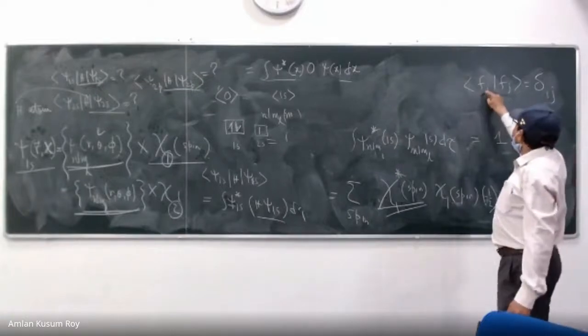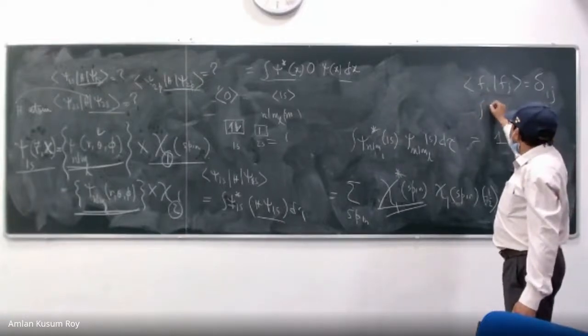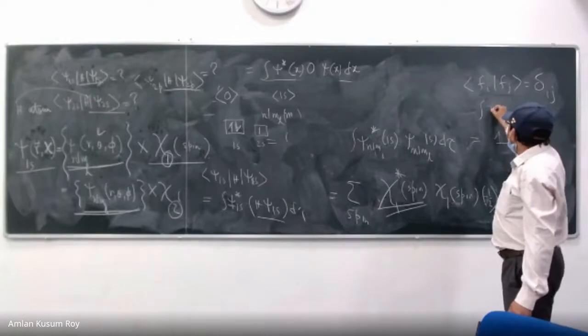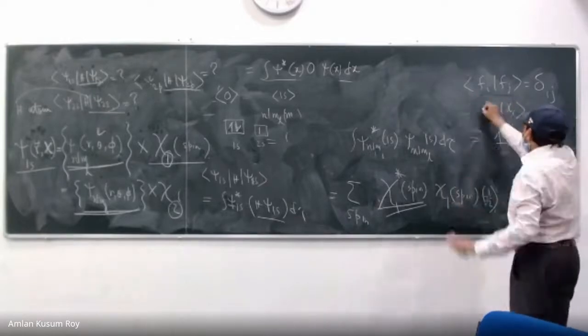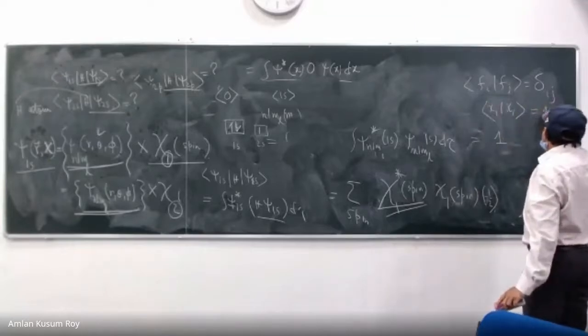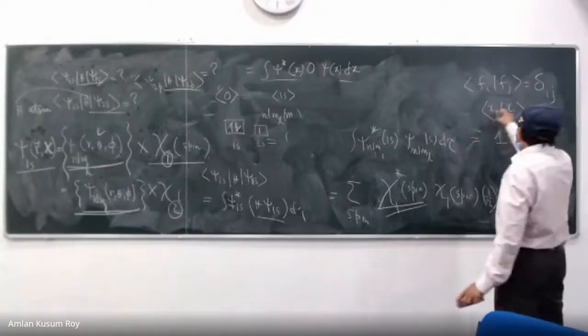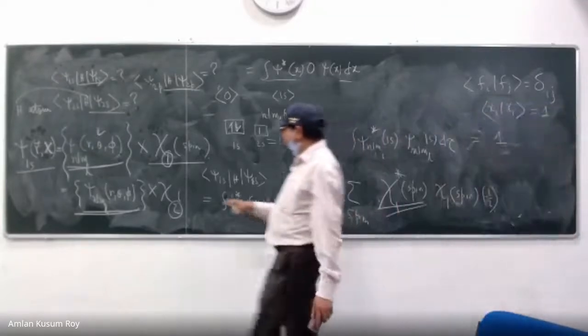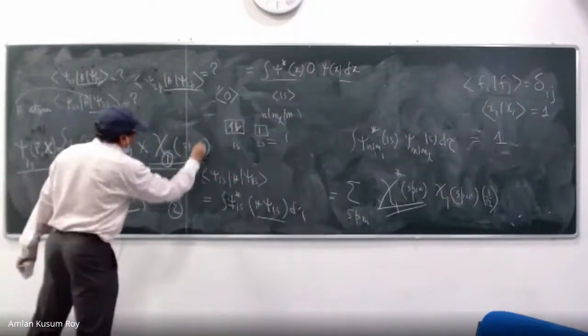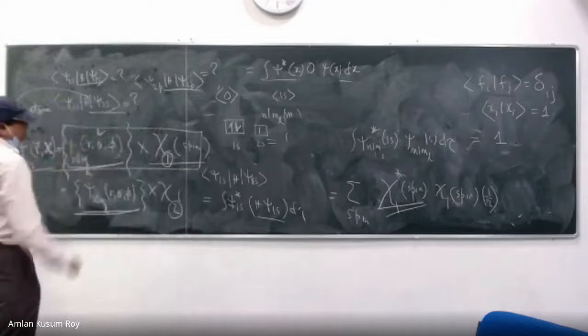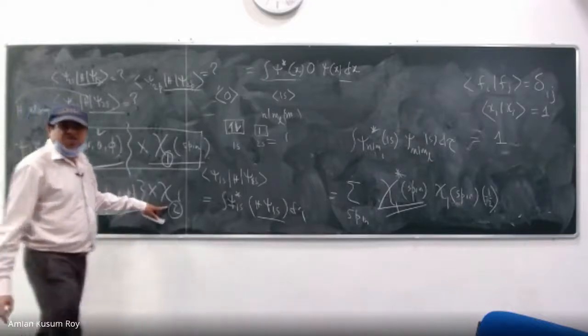So if it is a spin function, say spin function chi1, right? They also follow the orthonormality principle. That means it is 1. And chi1, chi2. And remember, it is chi1. We have just taken this orbital. If I take this orbital, it will become chi2.